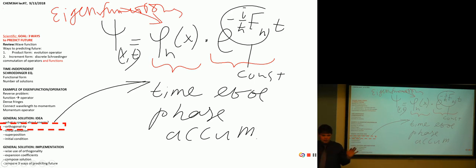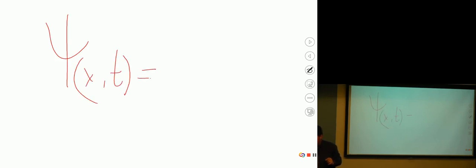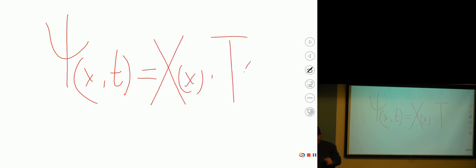I'm going to go to an empty page and then return to here. So last time, we were saying that psi of x and t is, we used X of x times T of t, right?